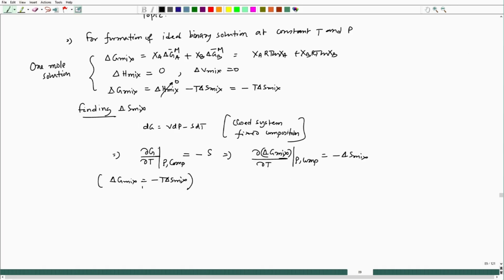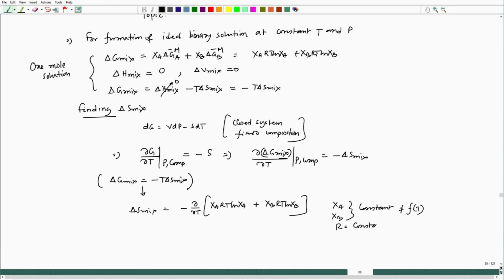So from here we can write this, and since XA and XB are constant and R is constant, this is the universal gas constant, we can write del S mix equal to minus XA R ln XA minus XB R ln XB.